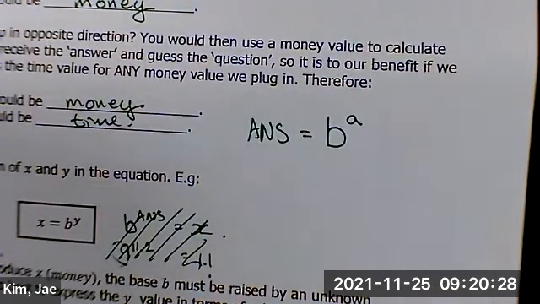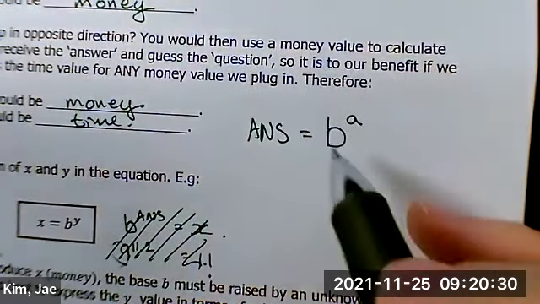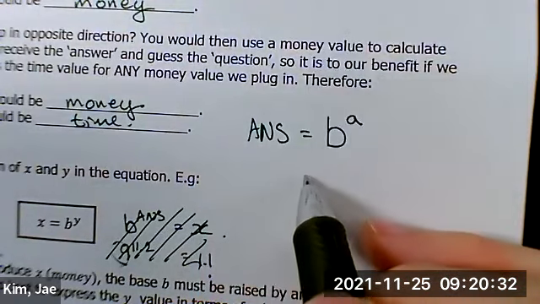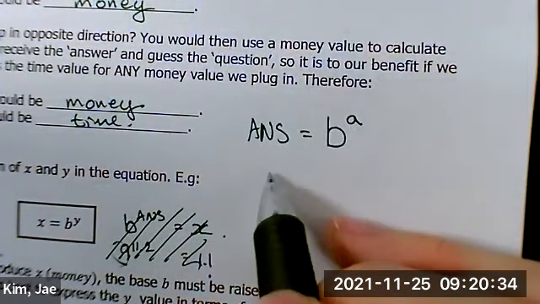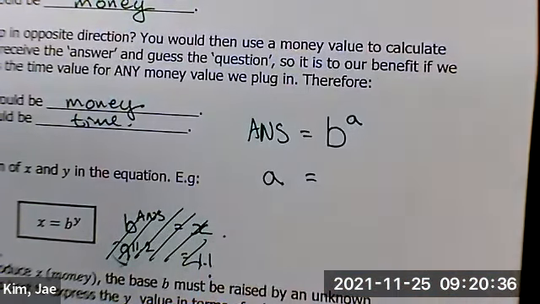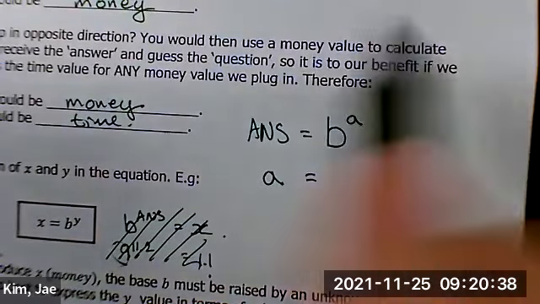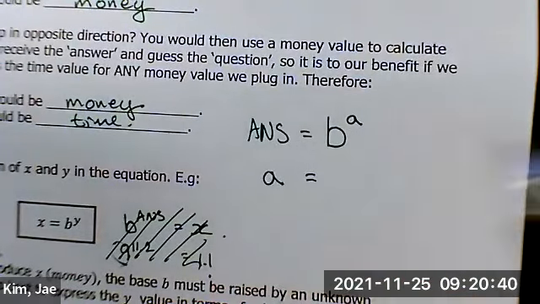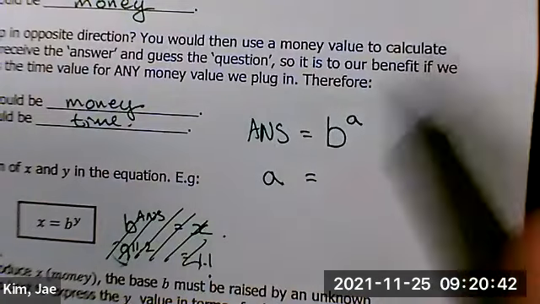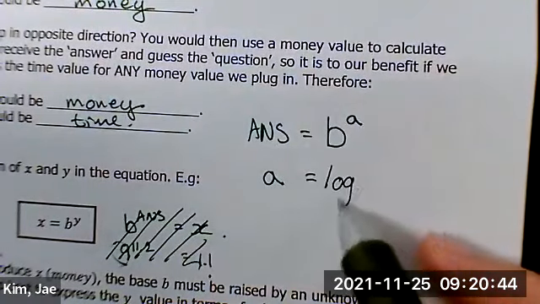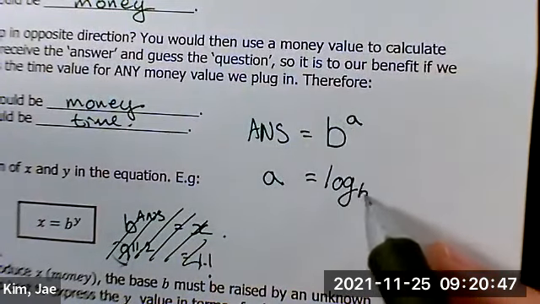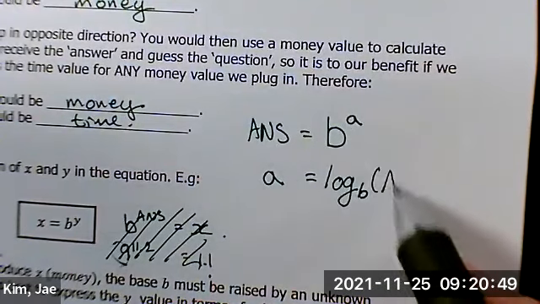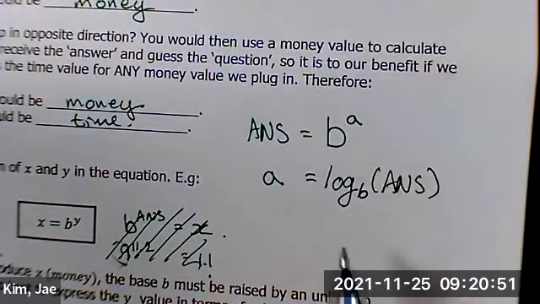How do I reverse this? If I want the actual exponent, what is the value of the exponent? To bring the a to the other side, we would turn this into a log of that base using the answer.